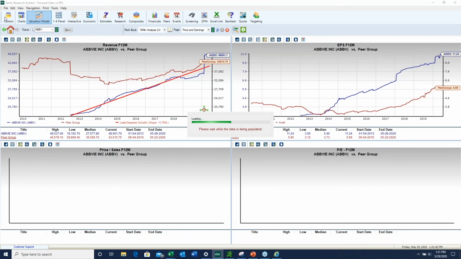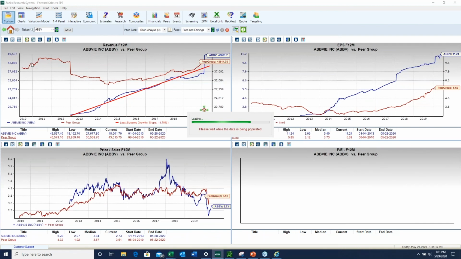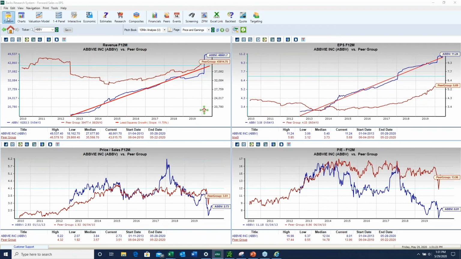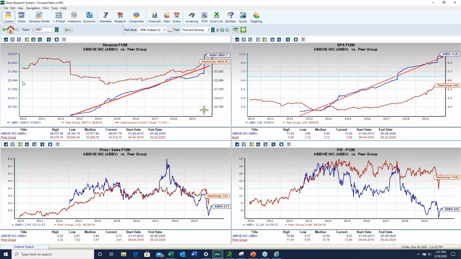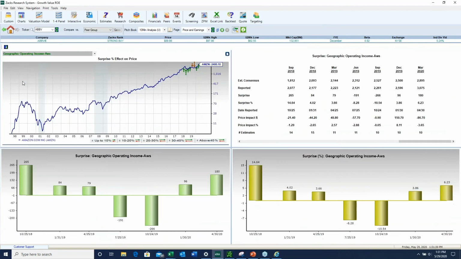I apologize for that. But one thing that I like to look at is, what's the growth of the company and what is the efficiency of the company? Because AbbVie is not so much a growth stock like Amazon is, but it is a high profitability stock.